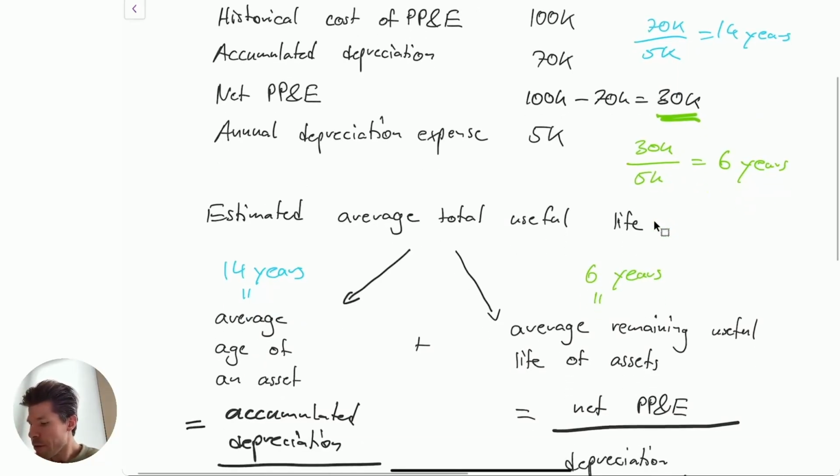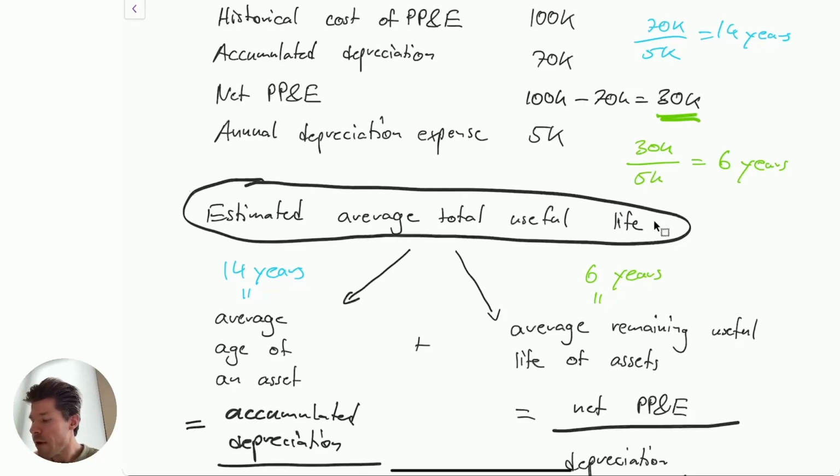So what you have is average age of an asset 14 years and average remaining useful life of an asset 6 years. So the total, your estimated average total useful life of your asset base, is 20 years.